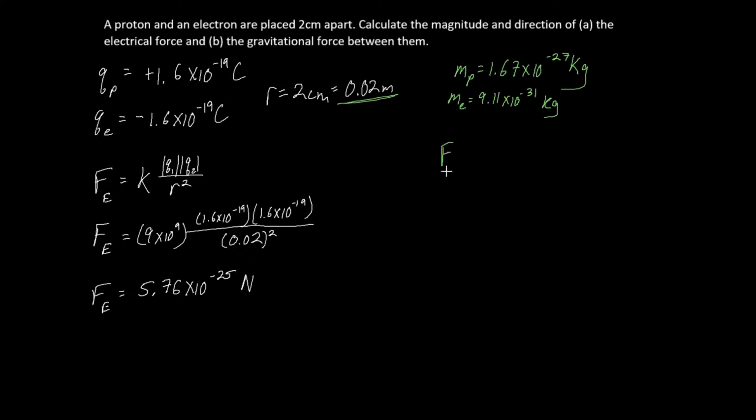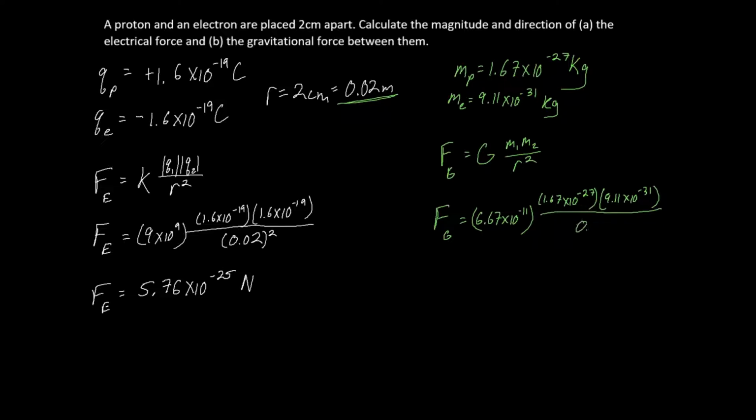So let's go ahead and write out that equation, F sub g this time, G m1 m2 all over r squared. So the gravitational force between them is going to be 6.67 times 10 to the negative 11. All of this is multiplied by the mass of a proton, 1.67 times 10 to the negative 27 times 9.11 times 10 to the negative 31.